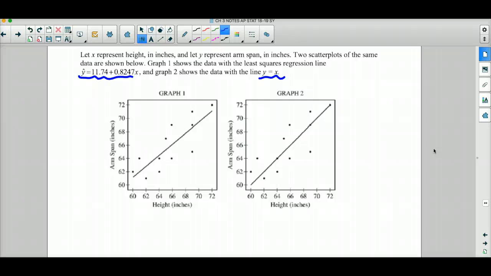The only thing they've done is they have put two different lines on your data. Now, which do you actually think looks better? Why do you think graph 1 looks better?